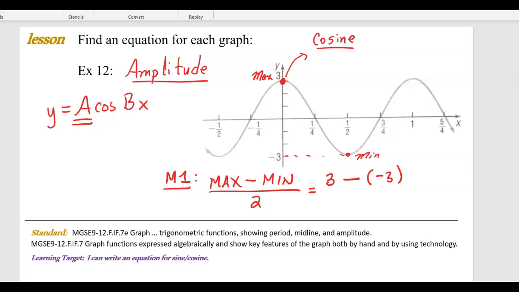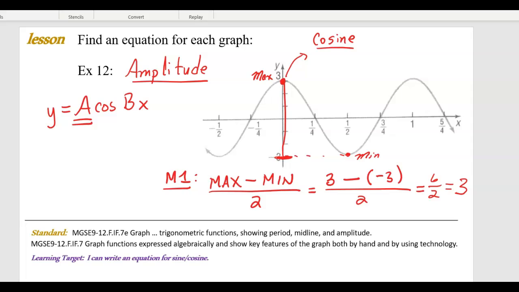Now you see why I don't like this. You know I'm going to make a mistake with arithmetic. You've seen me in class. So 3 minus negative 3 is 6. So what you've basically said is the distance from the lowest point to the highest point is 6, but that's not the amplitude. The amplitude's half that. So that's 6 divided by 2, which is 3.